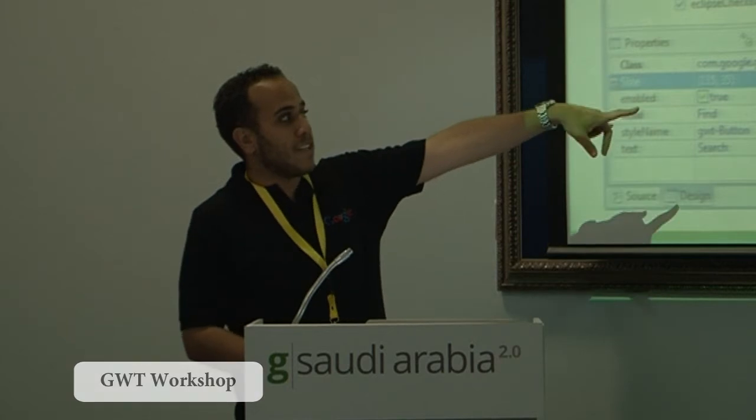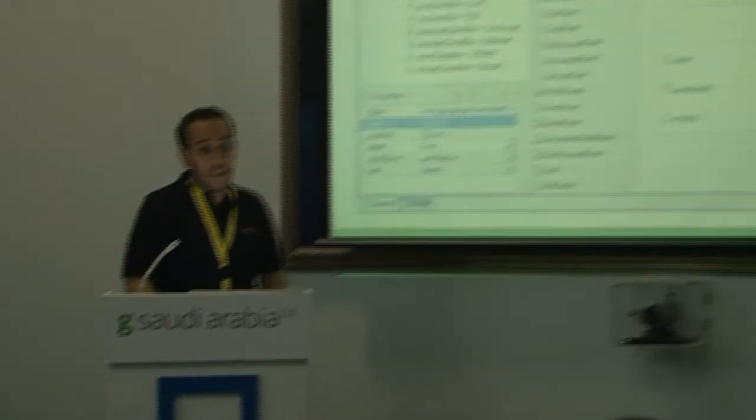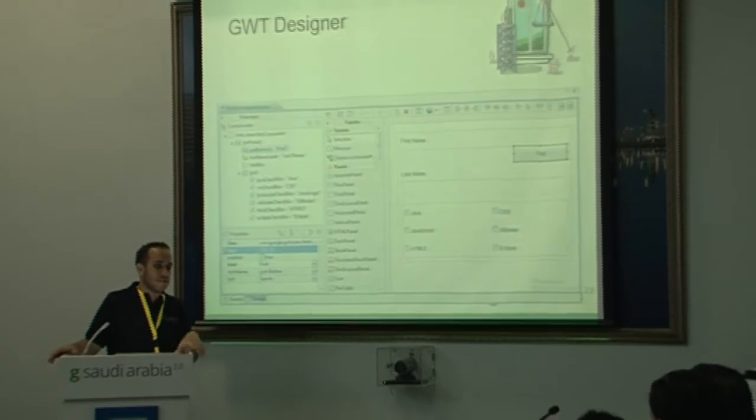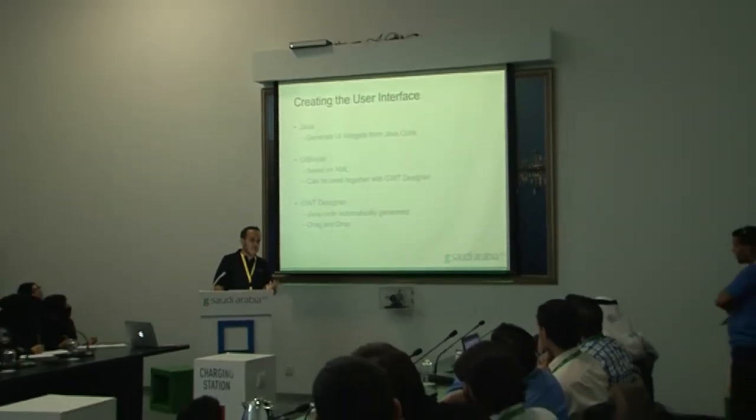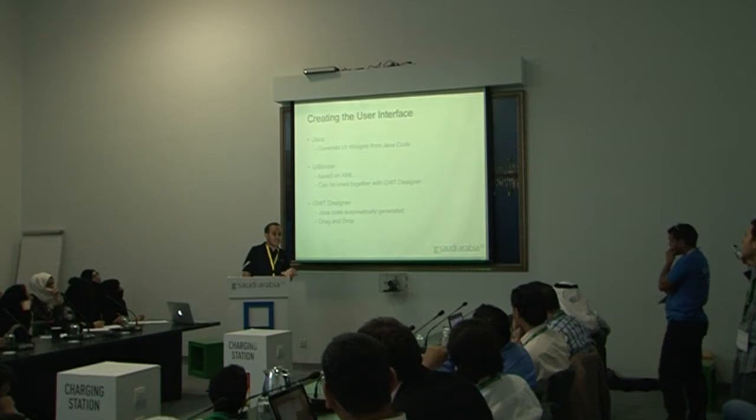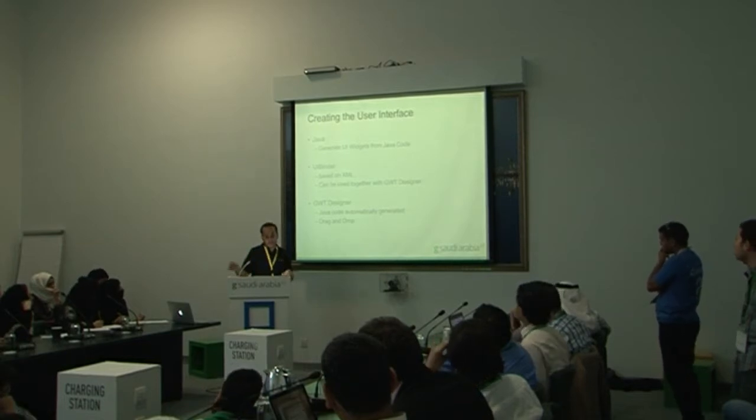You have a palette in the middle that has the widgets, and then you drag them to the right and you build your UI. It's very powerful to be able to do this on the web in pure JavaScript. There's ASP.NET and some of the .NET technologies, but a lot of that stuff runs on the server side. This is pure client side.